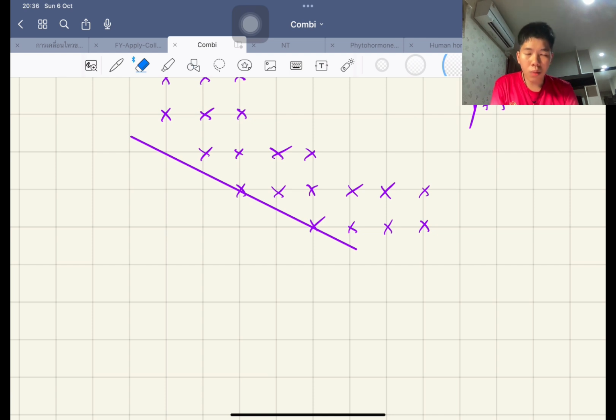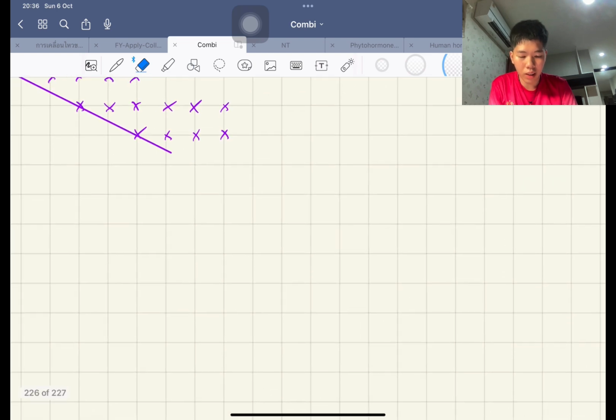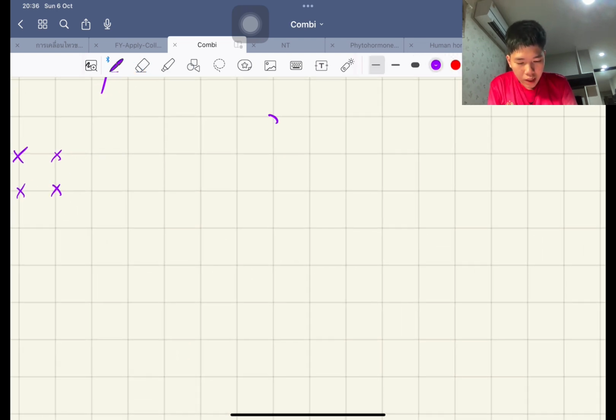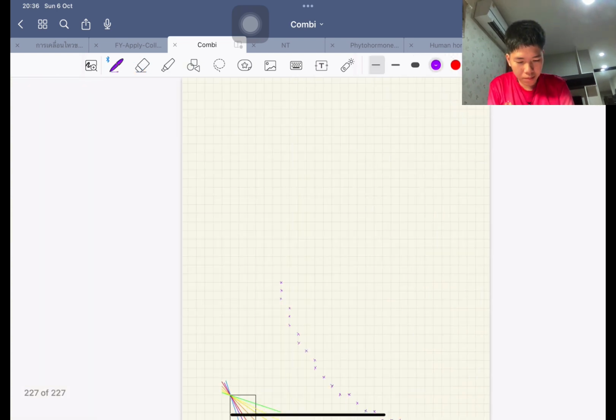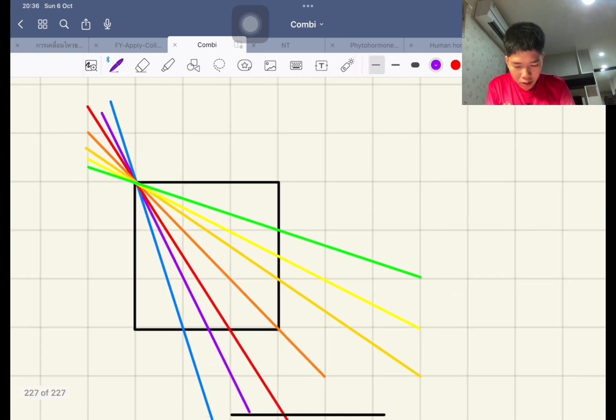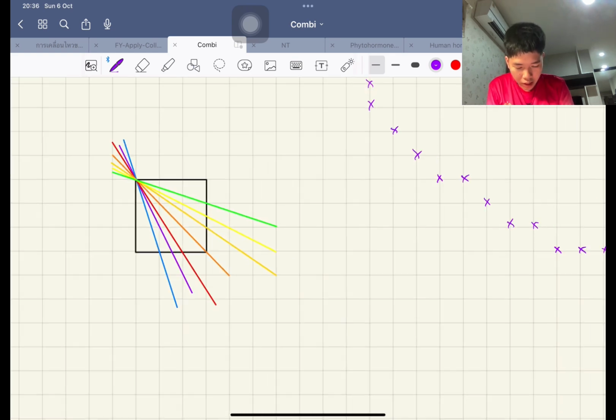We are going to swipe every single line that goes through 2 points in an n+1 times n+1 lattice rectangle with no lattice square. What I mean by this is, in case n equals 3, we are going to consider every single line here.